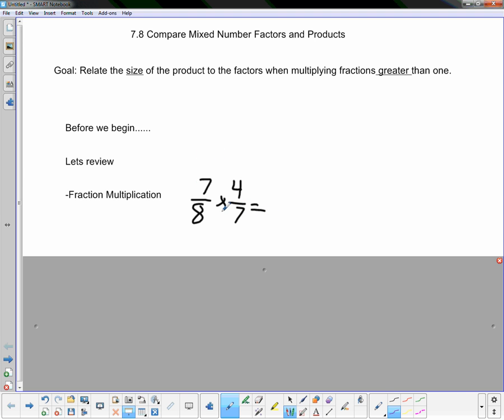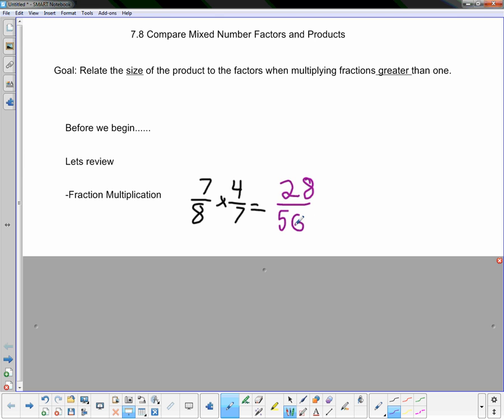Again, it's already in 2 fractions, and we're just going to multiply straight across. 7 times 4 is 28. Hopefully you did that in your head. And 8 times 7 is 56.